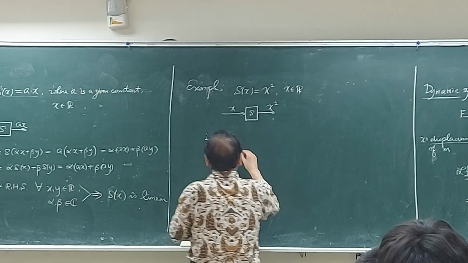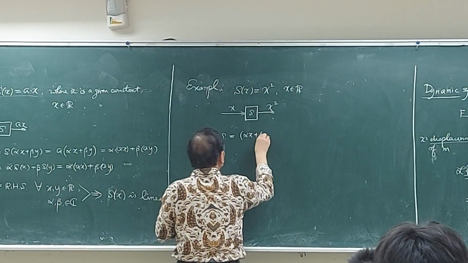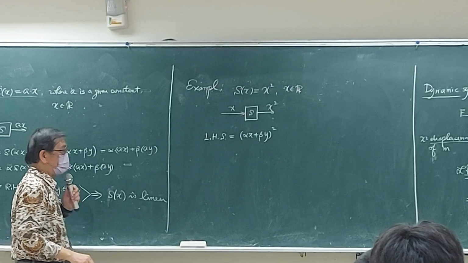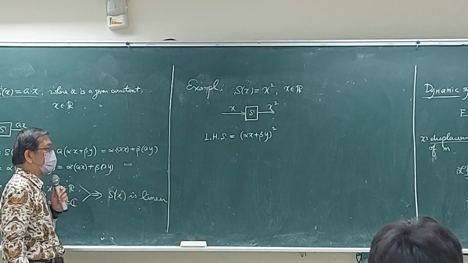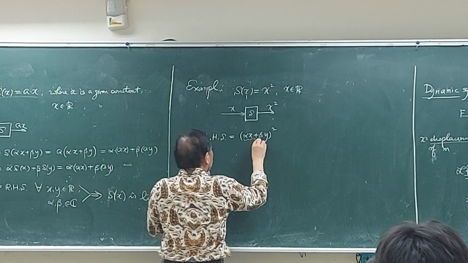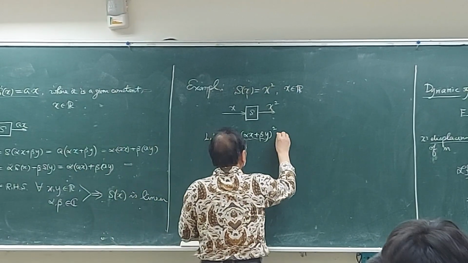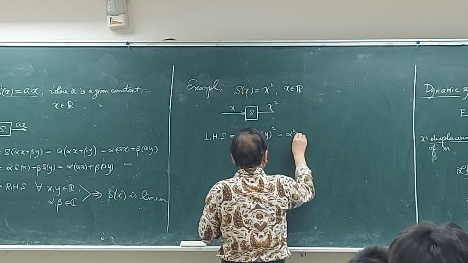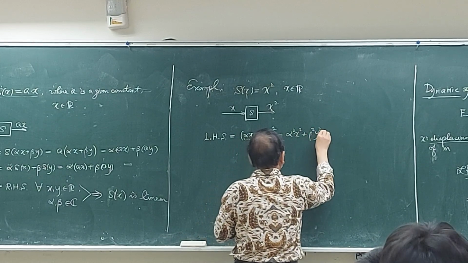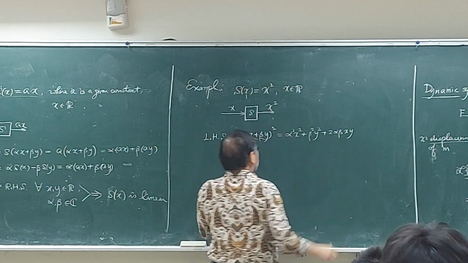So that's equal to alpha times x plus beta times y, quantity squared. So you replace x by alpha x plus beta y, right? Okay, so that's equal to alpha squared x squared plus beta squared y squared plus 2 times alpha times beta times x times y.